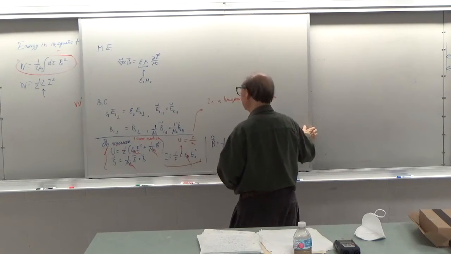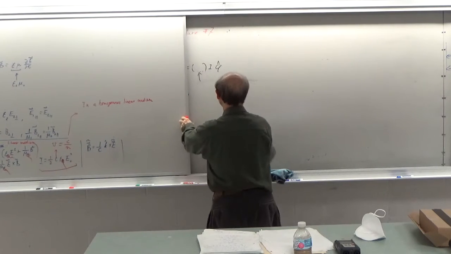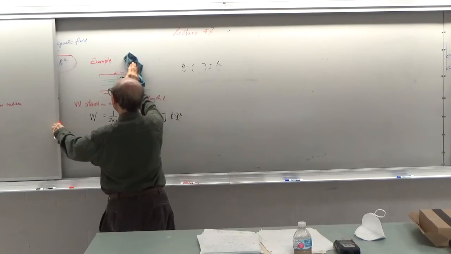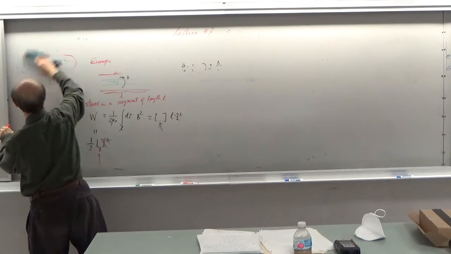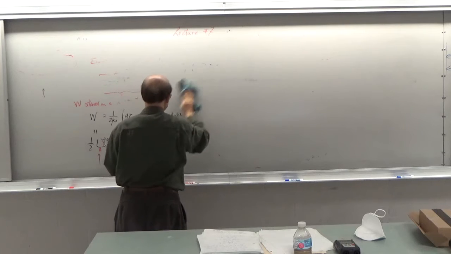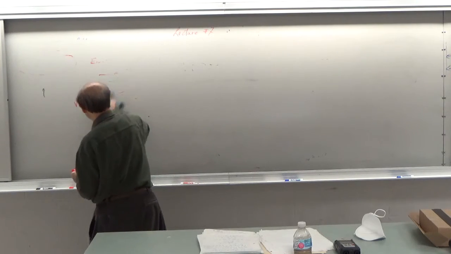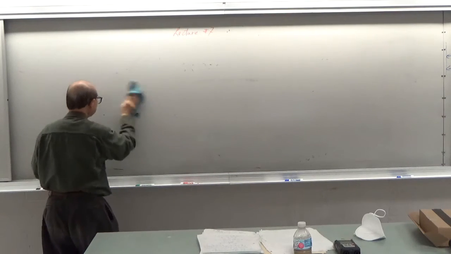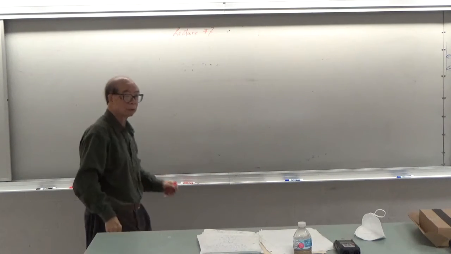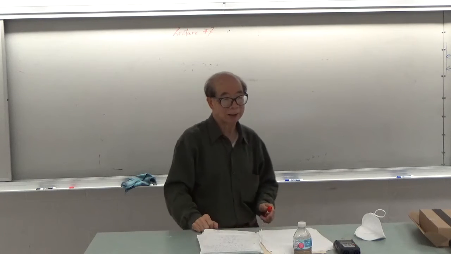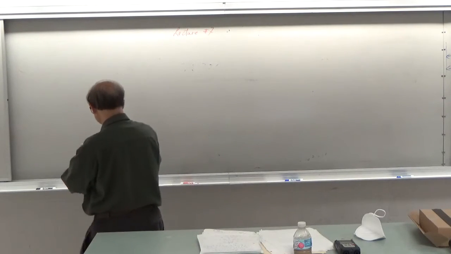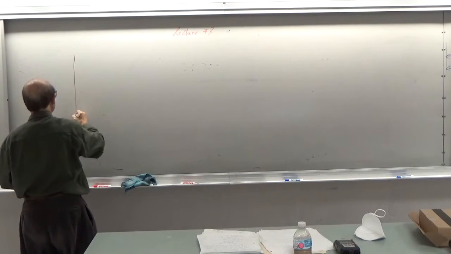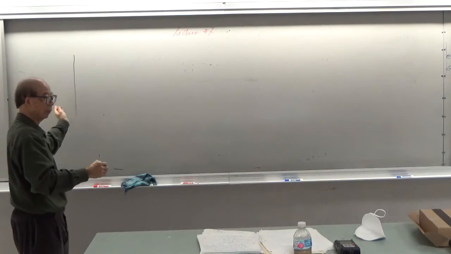And now, okay, let's talk about, I'm done with this. So let me move this. Let's say that we have two homogeneous linear media, one on the left side and one on the right side.